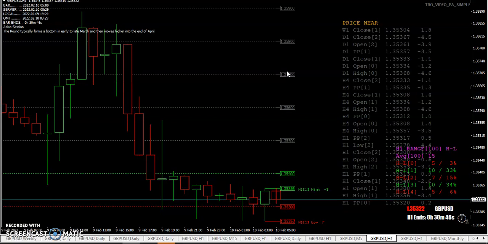The big difference is that in gambling, you might as well roll the dice or flip a coin. You're just doing random trades. Whereas in trading, you're looking at price, seeing what happens, and then placing your trades accordingly, taking your profits accordingly.